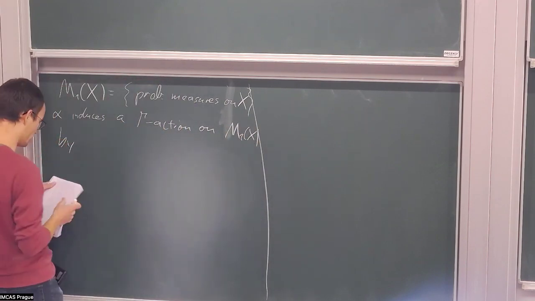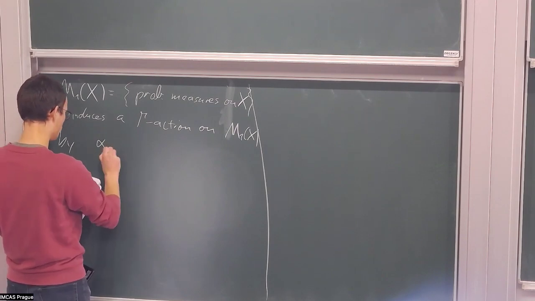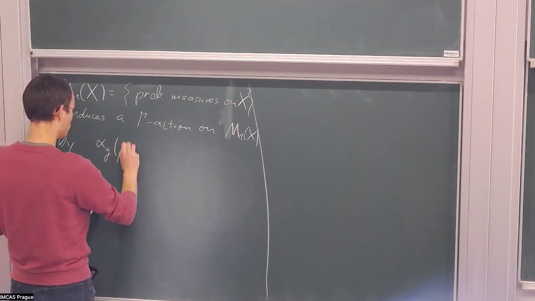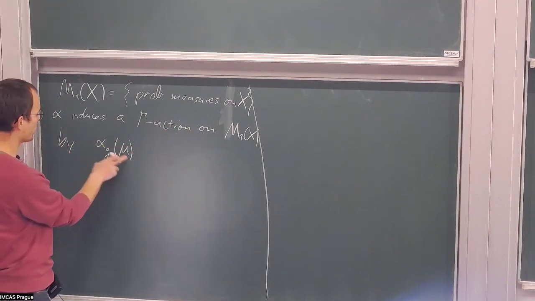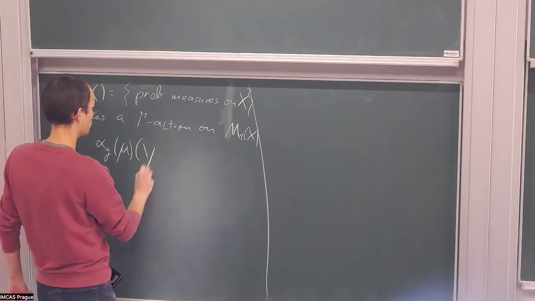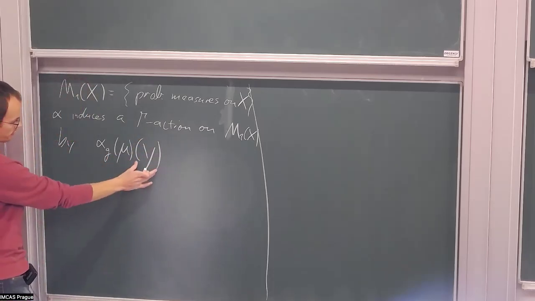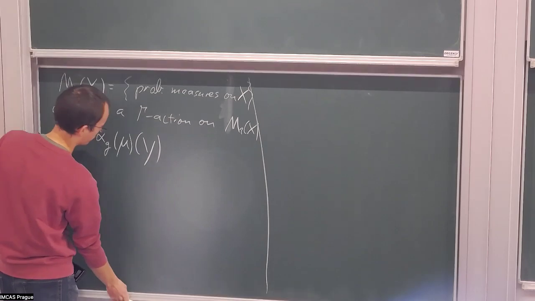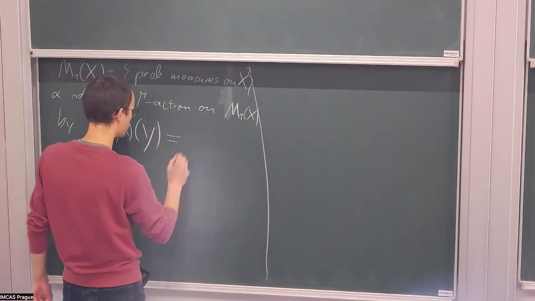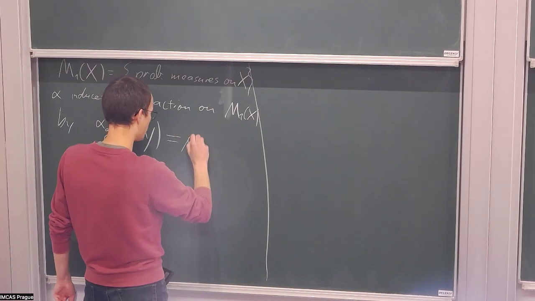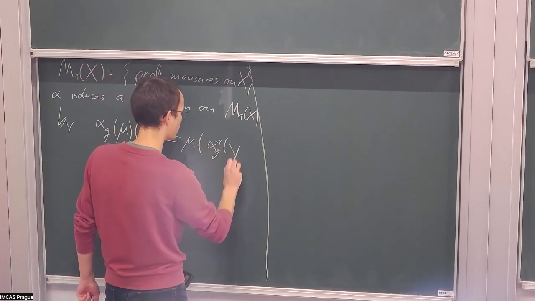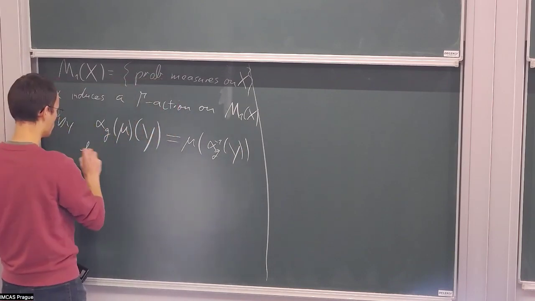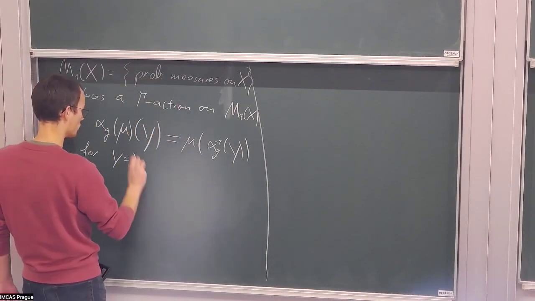By abuse of notation, I also call this action alpha. So if I apply the action to some measure, I want to get a new measure. What should be the measure of some set Y? This should be the original measure of alpha g inverse of Y, for Y measurable.